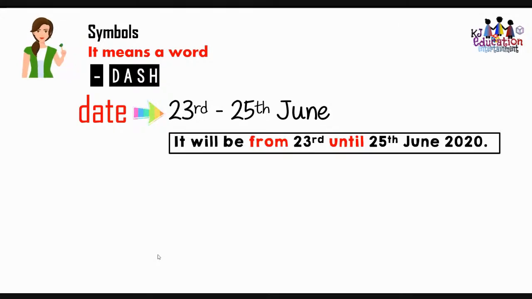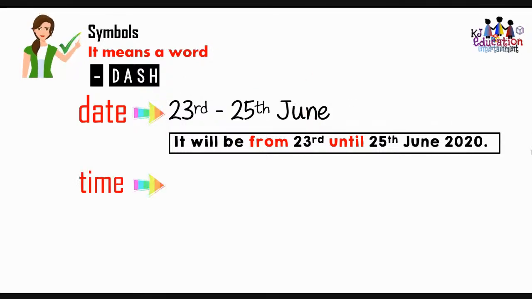So, you begin with the word from 23rd until 25th June 2020. If you have a look over here, we have the word from, and if you look at the dash here, it means the word until. So this is very important because this is very common when it comes to information transfer.